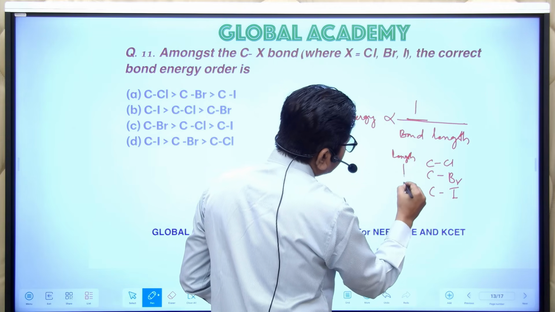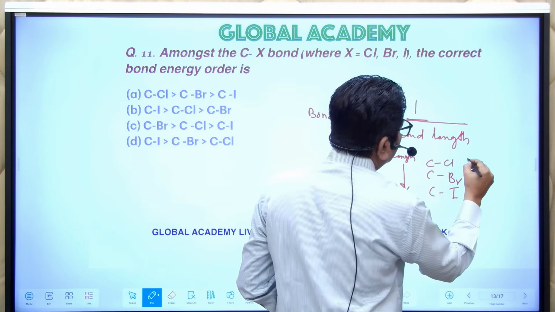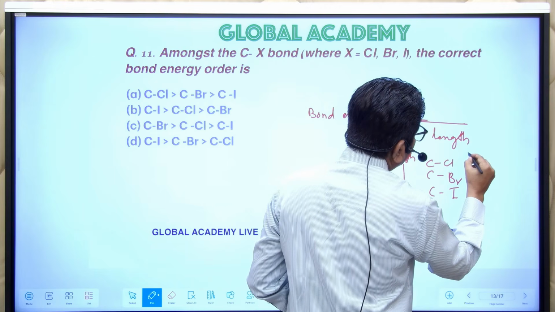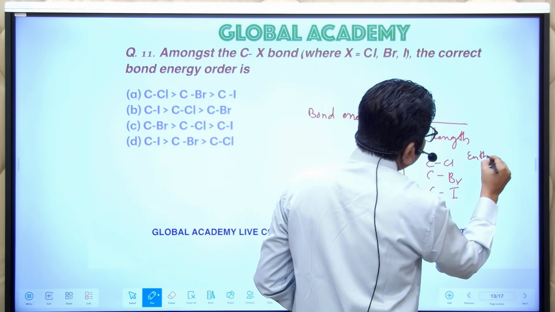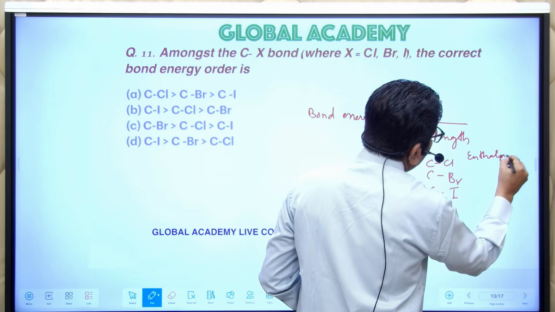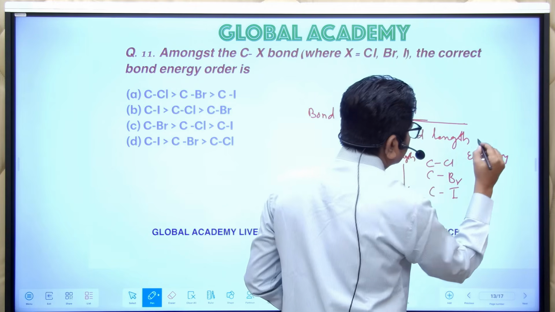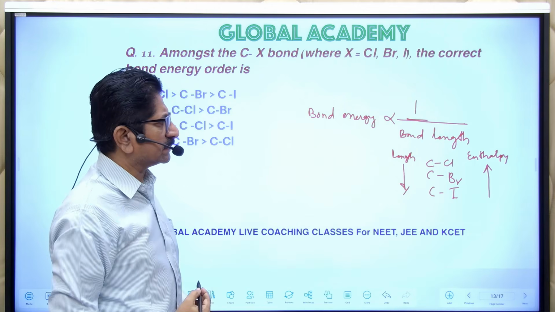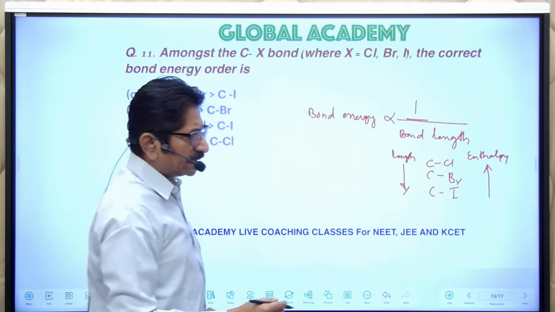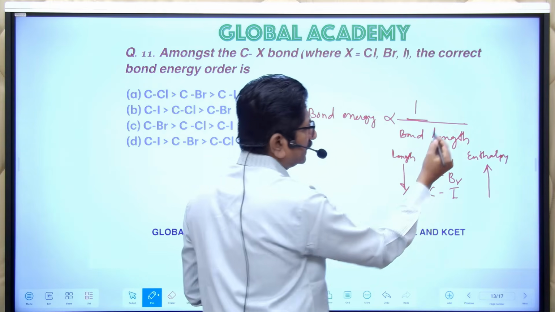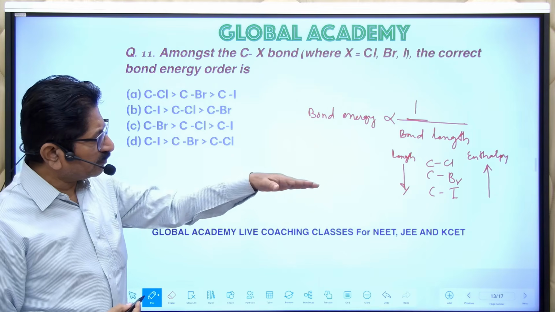Length increases here, and the enthalpy decreases.